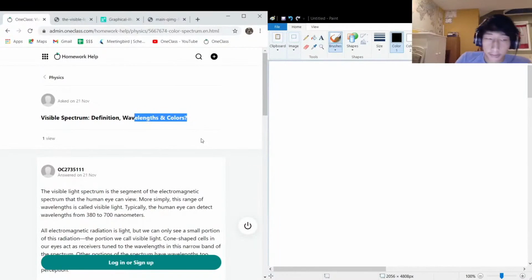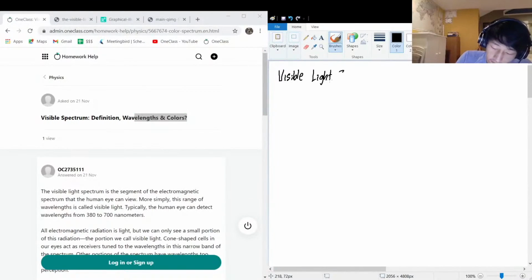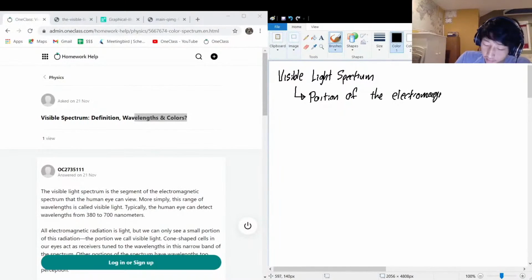Okay, so for the visible light spectrum, a visible light spectrum is a portion of the electromagnetic wave spectrum.